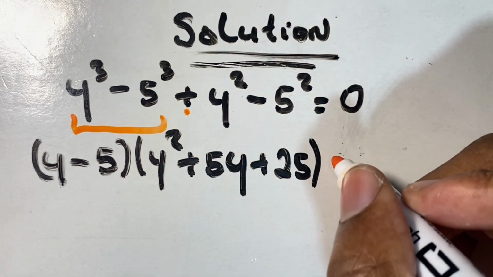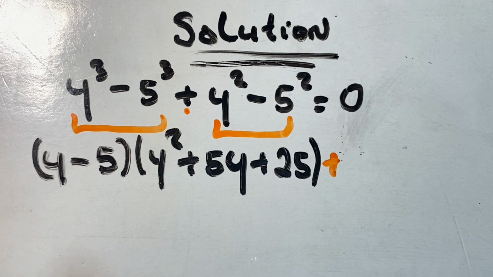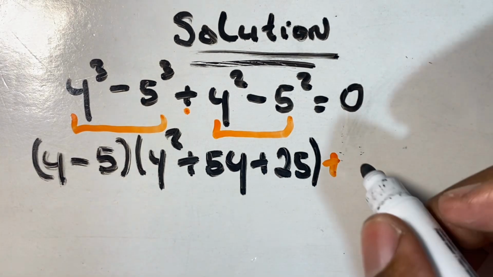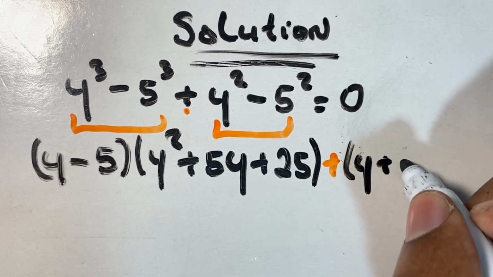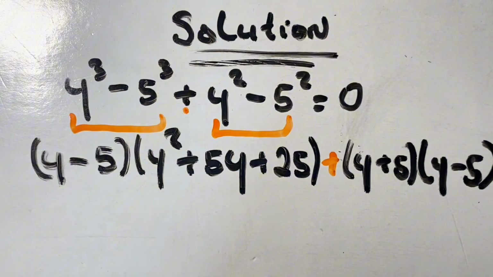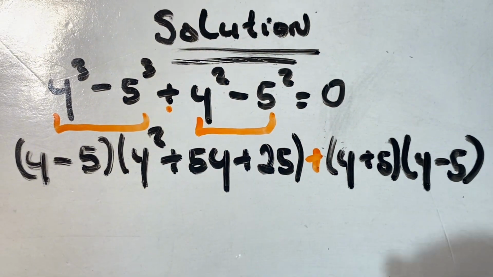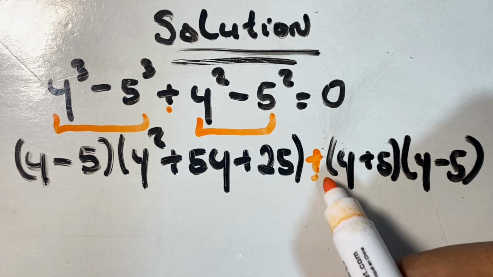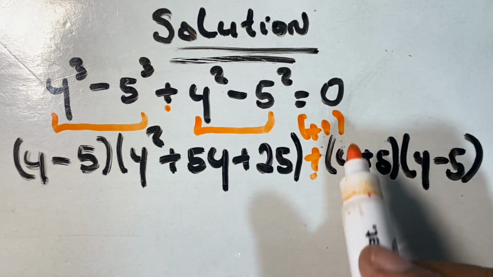So we're just going to add that to the difference of two squares, and again we expand the difference of two squares having a pair of double brackets again, one being positive and the other being negative. So we'd have y plus 5 in one bracket and y minus 5 enclosed in another pair of brackets. Now we can look at this plus operator that we have right here, and we can treat this as positive 1.